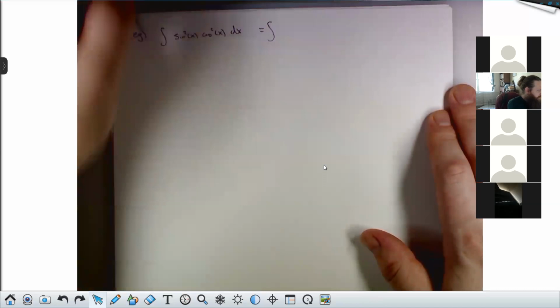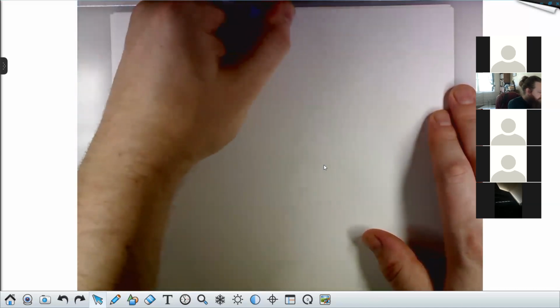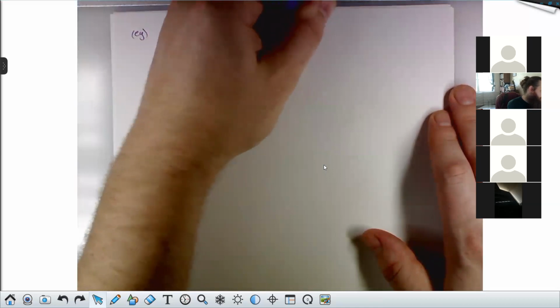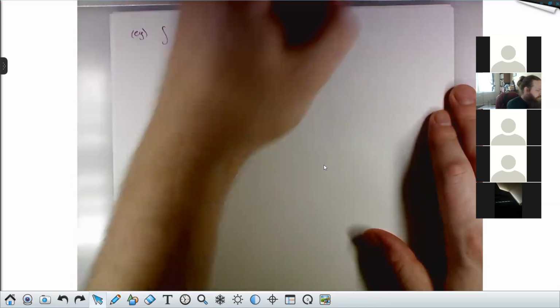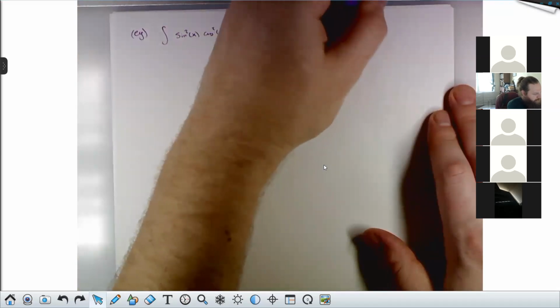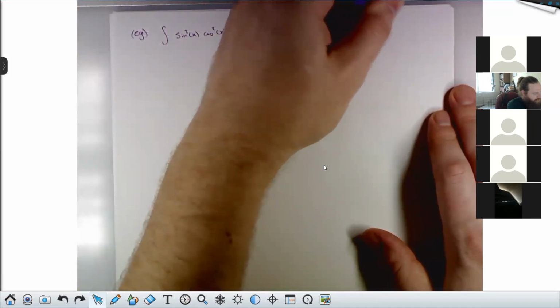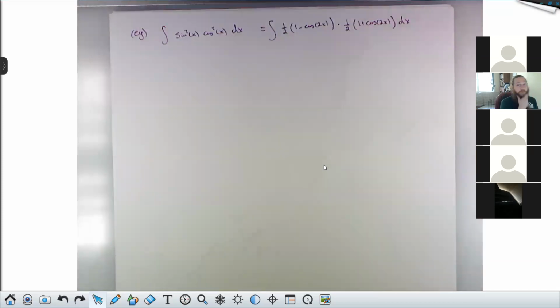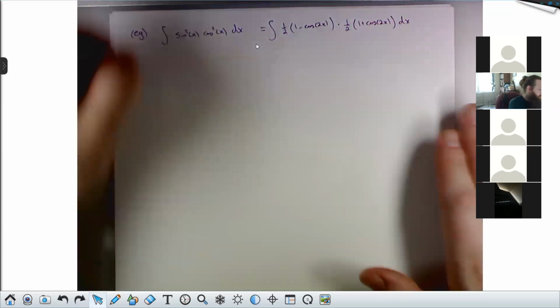identities. So first, sine squared is 1/2 times 1 minus cos 2x, times cos squared is 1/2 times 1 plus cos 2x, and dx is dx. These things are being multiplied. So in particular, this 1/2 and this 1/2 can both come out and give me a 1/4.